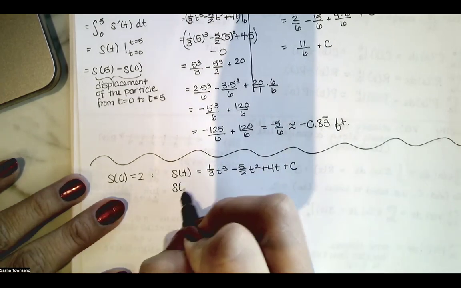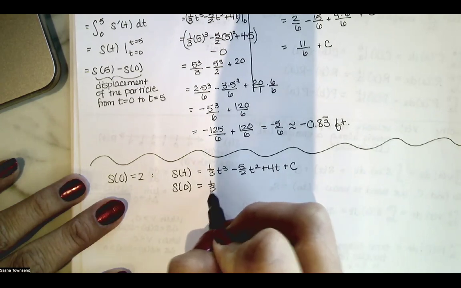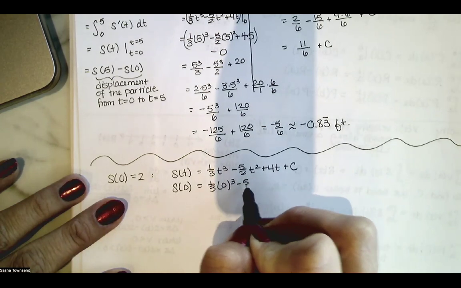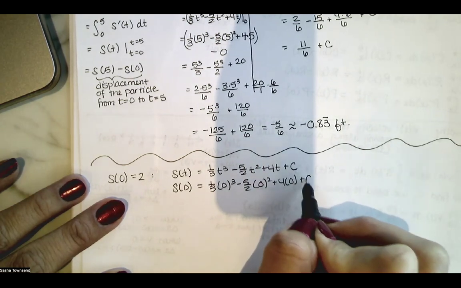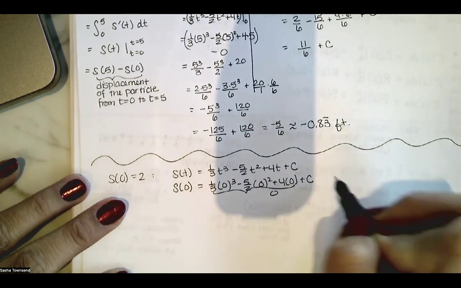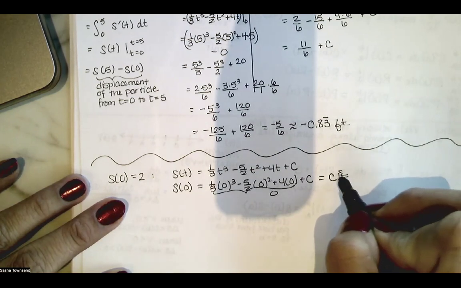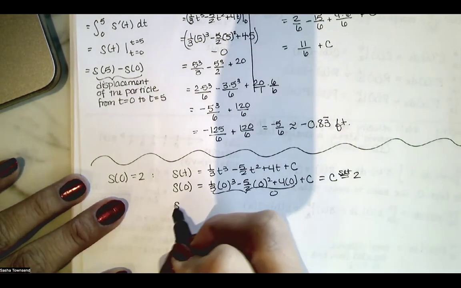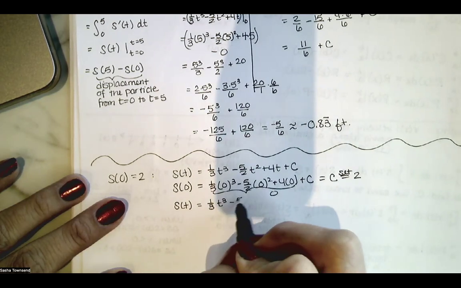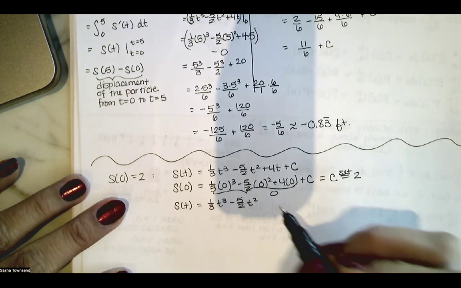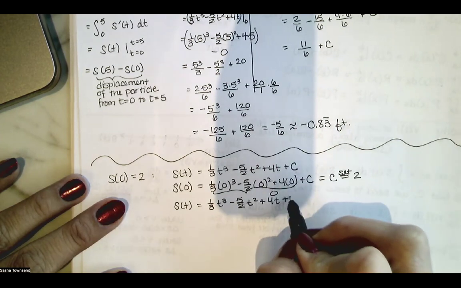And we said if we evaluate that at 0, we get a bunch of expressions that are all equal to 0, plus c. So this is all 0 plus c, which is c. And then we set that equal to 2. And so then our position is this. It doesn't have any c's in it. This is a particular solution.